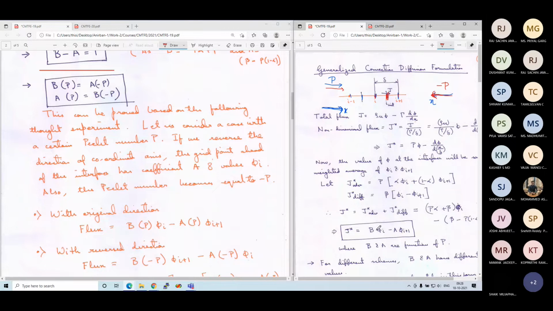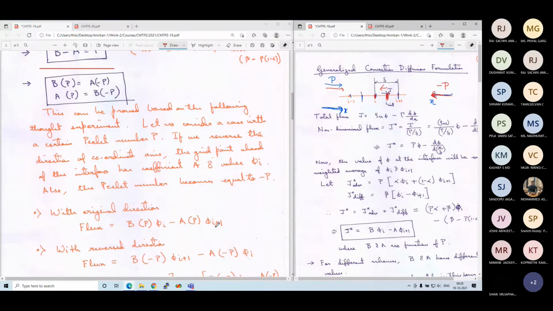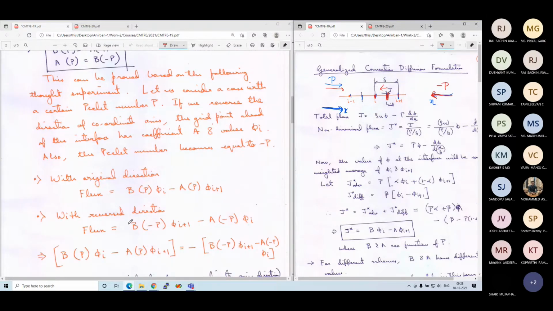We always write B as the coefficient, so B into phi I plus 1, and B is a function of minus P, because the Peclet number now is minus P. Minus A also is a function of minus P, into the grid point value ahead of the interface, which is phi I. This is the flux in this direction. Flux is always calculated in the direction of the coordinate. The flux along the earlier direction was B(P) phi I minus A(P) phi I plus 1. The flux in the other direction based on this coordinate axis is B(minus P) phi I plus 1 minus A(minus P) phi I.